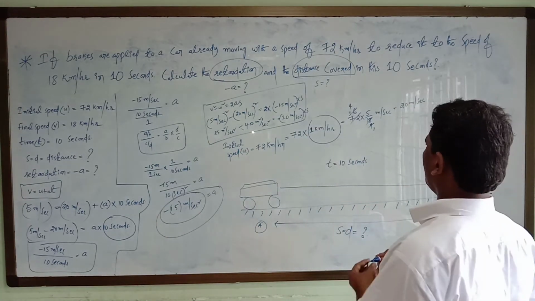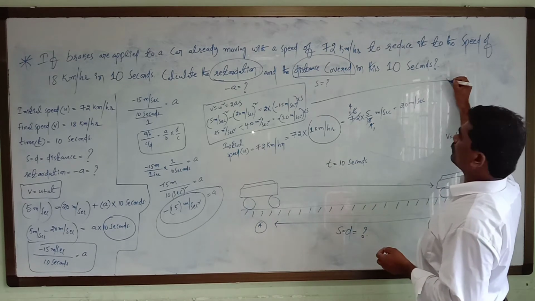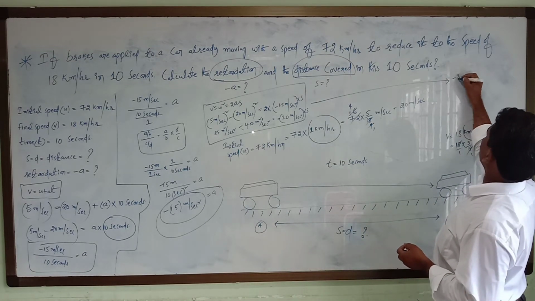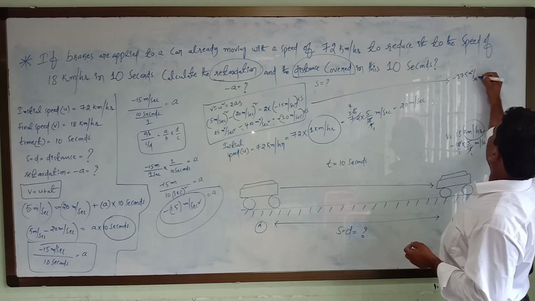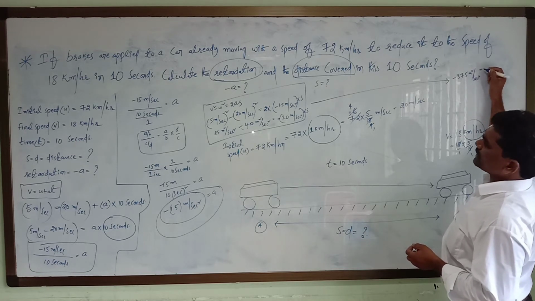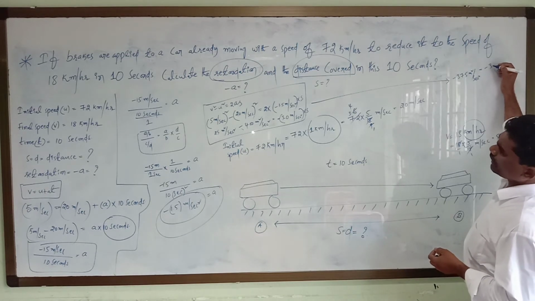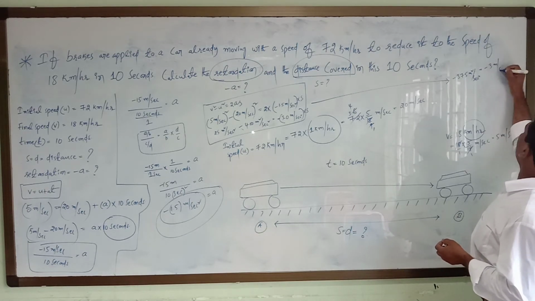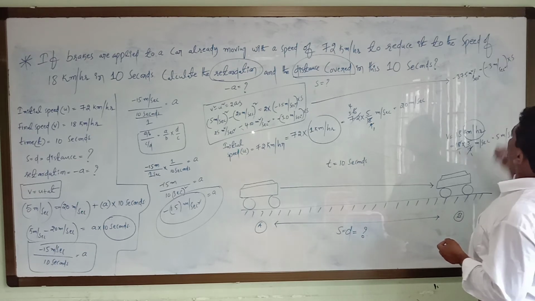So we will get minus 375 meters square per second square, which is equal to minus 3 meter per second square into distance.